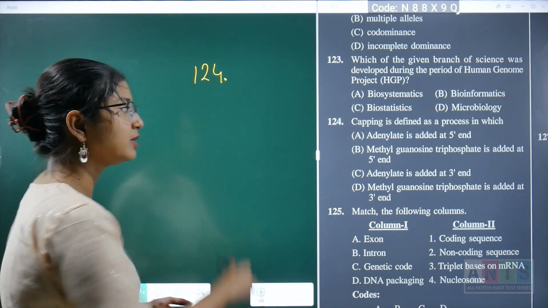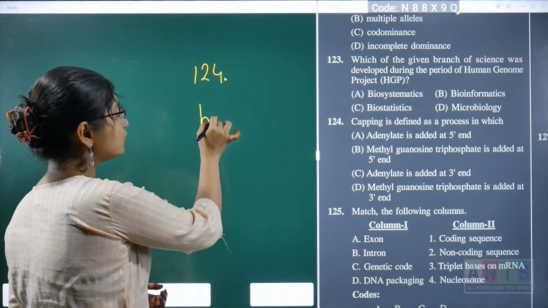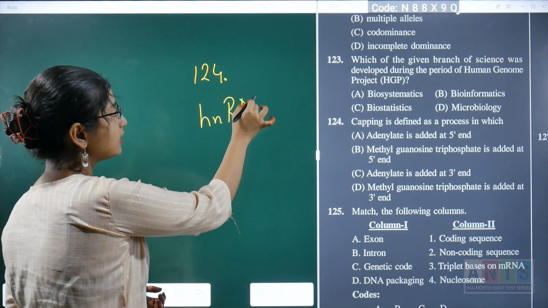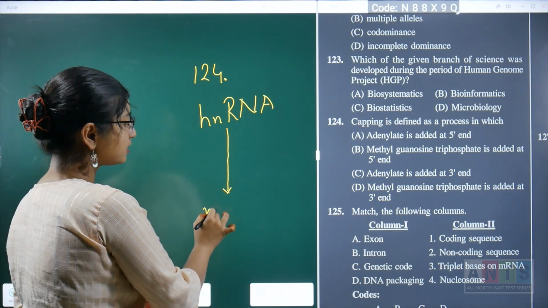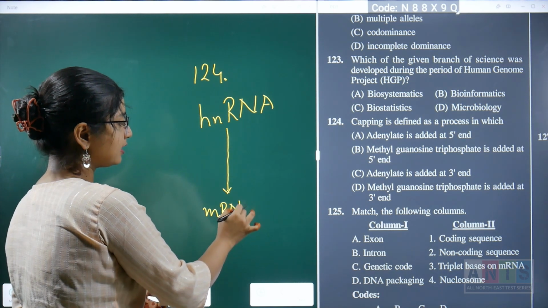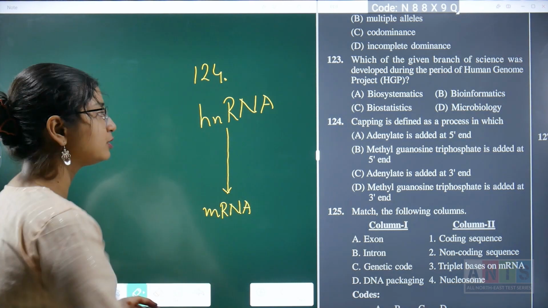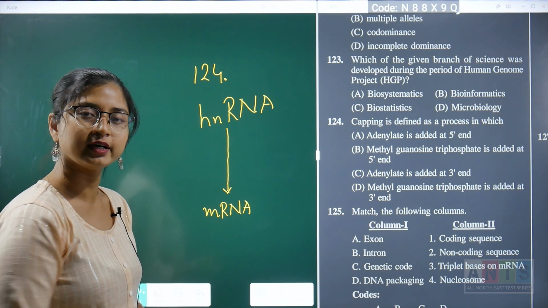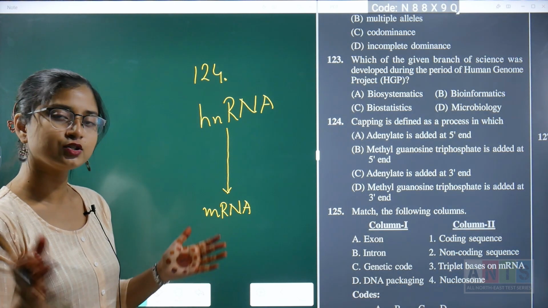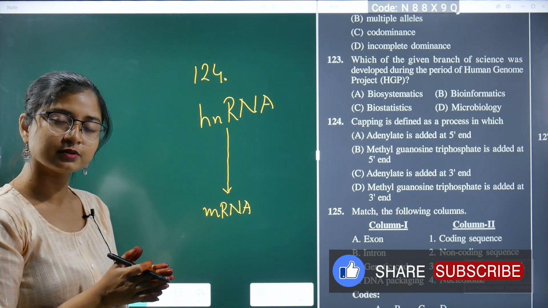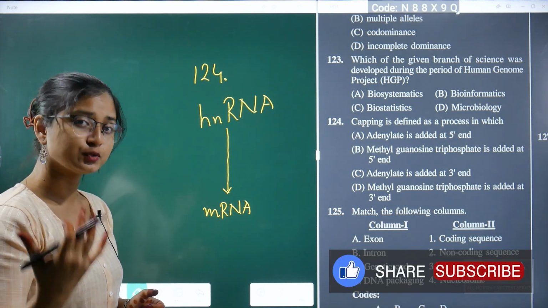Instead, we call it the heterogeneous nuclear RNA or hnRNA. यही hnRNA आगे modify होके results in the formation of mRNA. Post transcriptional modification में hnRNA को जब हम modify करते हैं, one thing we do is we tend to remove the non-coding regions and join the coding regions. That is called the process of splicing.